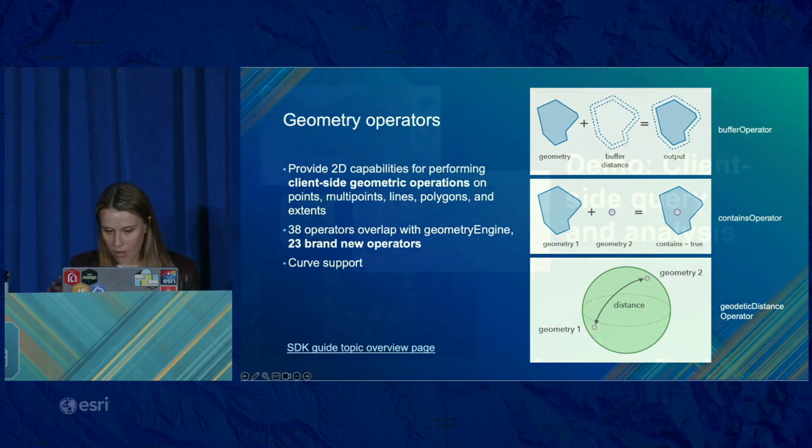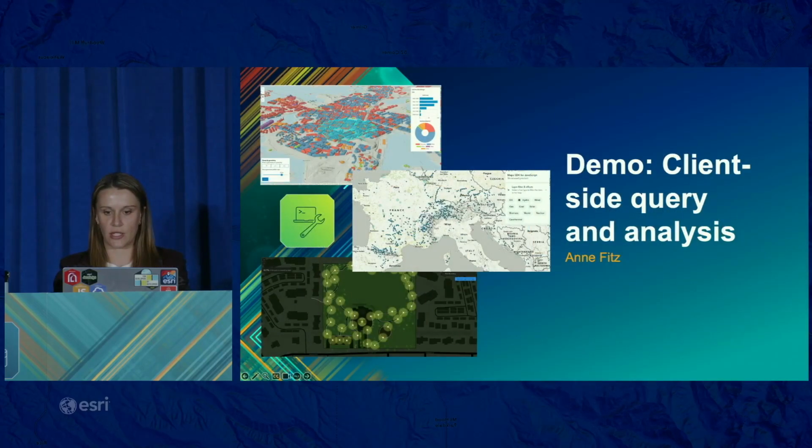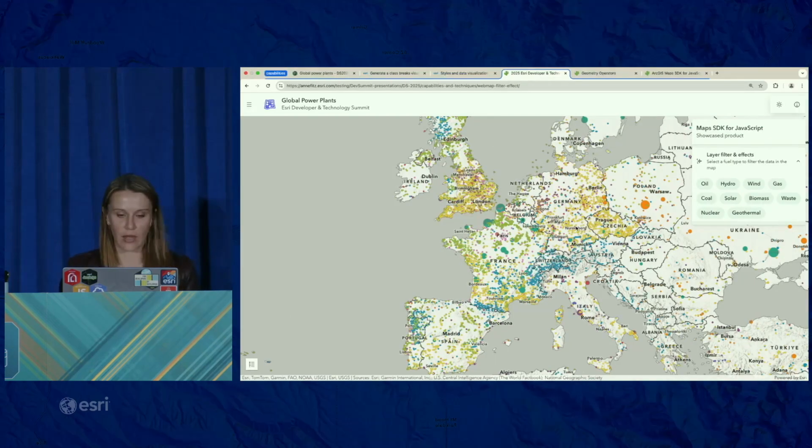Yep. And now I'm going to jump into a couple of different demos for client-side query and analysis. So let me just switch over to my demos. Okay, great. Just want to make sure everyone can see that. So this map might look familiar to you. It's the same one that we created earlier in this data visualization part of this session.